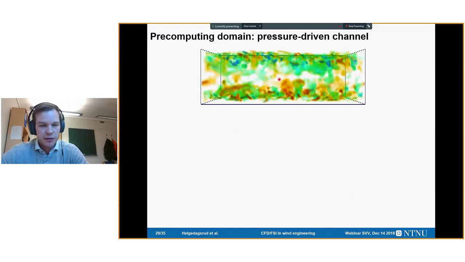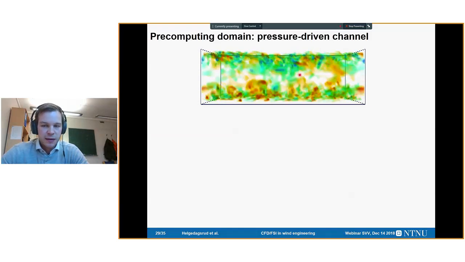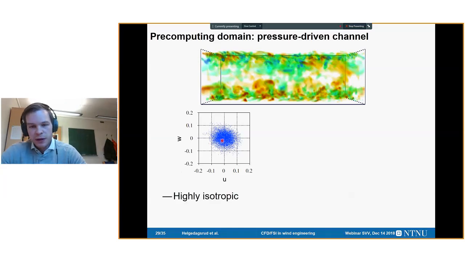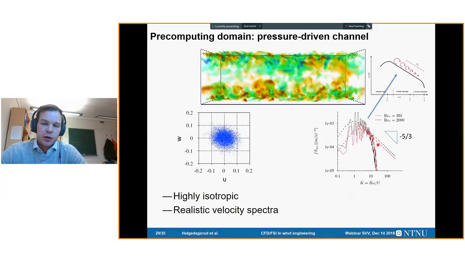If you place a probe in the center of the channel, this laser, we can measure the velocity fluctuations, and they look nice and uncorrelated, suggesting an isotropic turbulence. The velocity spectrum looks like this, with the von Karman fitting here, and it conforms very well to the Kolmogorov energy cascade.